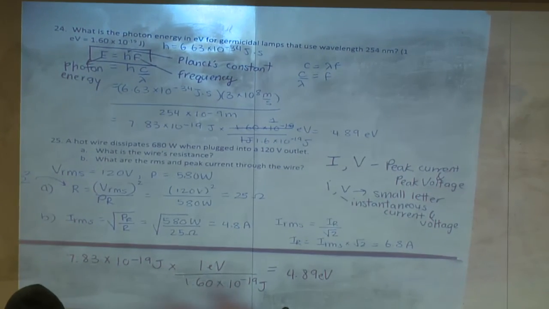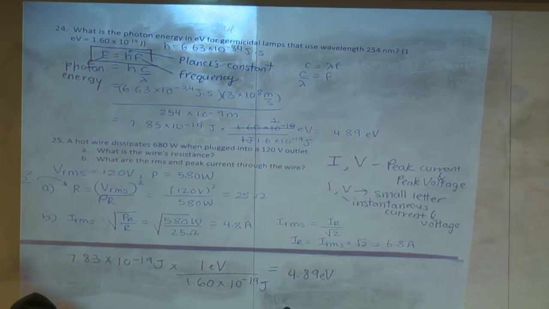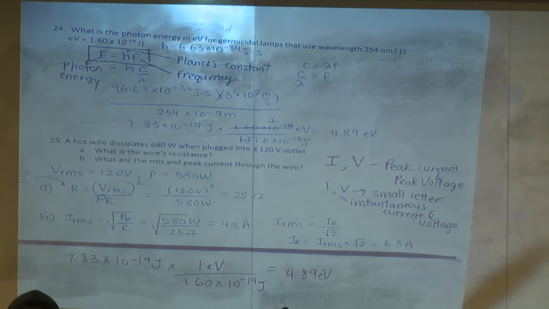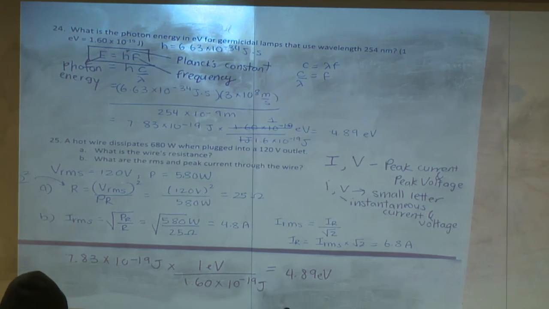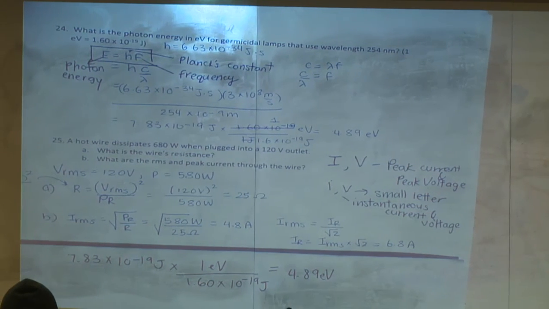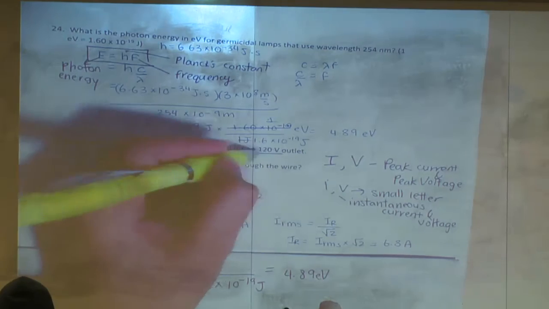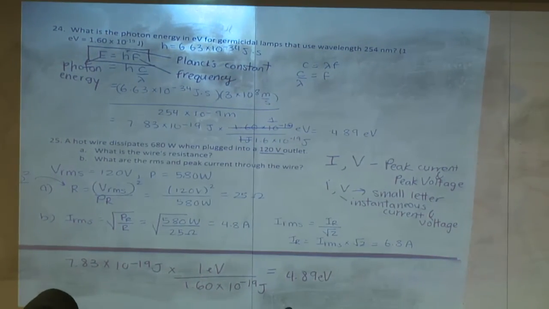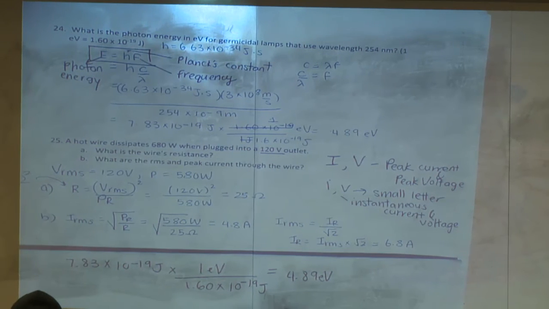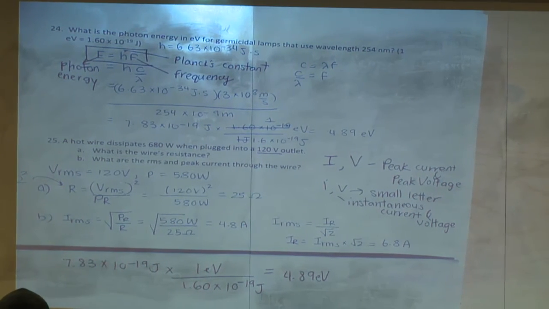So let's do this problem. We have a hot wire that dissipates 680 watts when plugged into a 120 volt outlet. That makes sense because 120 volts is what we use for all the outlets in America. So that means that we have alternating current.